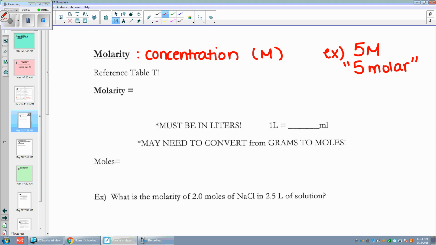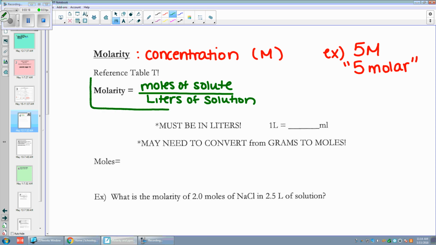And I have already looked at reference table T, and we want to grab that equation. So we see that molarity equals our moles of solute all over liters of our solution. I'm going to highlight that this is important to me. I could rewrite it just like I did over there.